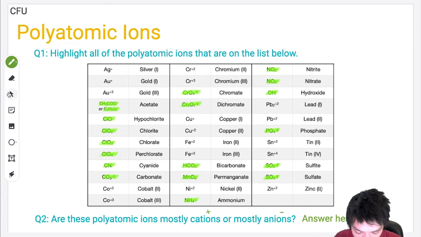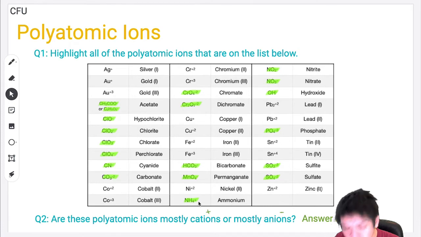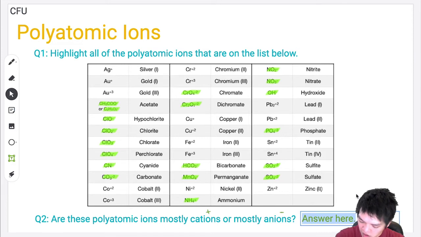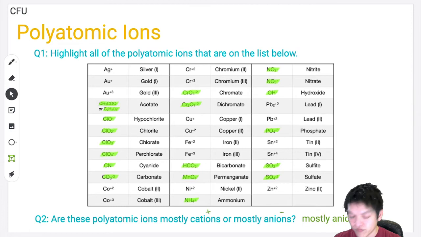Okay, so here's the answer. Pretty much all of these polyatomic ions are negative. The only exception is ammonium. Ammonium is the only polyatomic ion here that is positive, right? So to answer this question, these polyatomic ions are mostly anions. They're mostly negative ions.